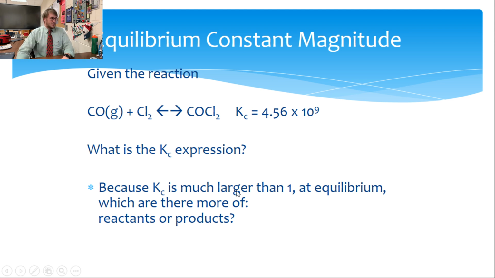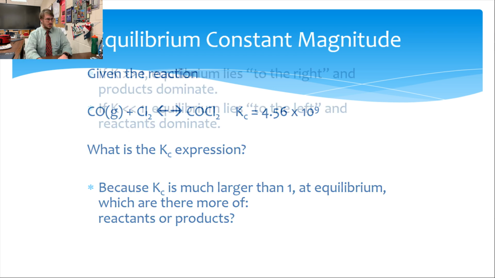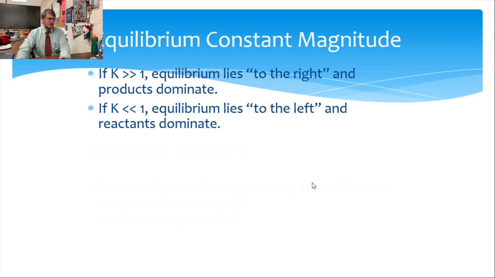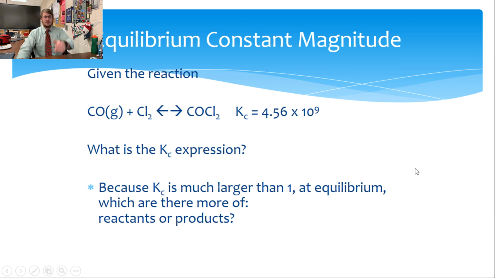Because we said that the Kc value is larger than 1 at equilibrium, which are there more of? Products. It turns out there are more products if the equilibrium constant is above 1. If the equilibrium constant is between 0 and 1, there are more reactants at the point of equilibrium.